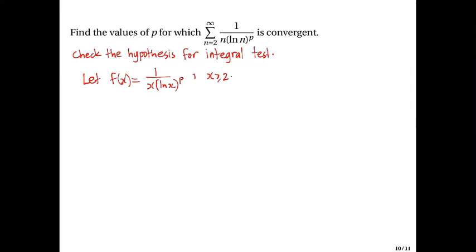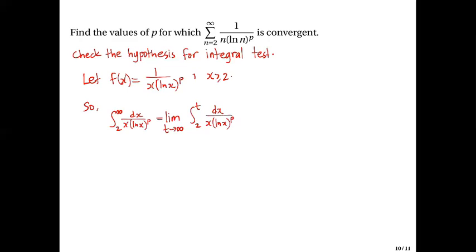So let's look at the improper integral from 2 to plus infinity of 1 over x ln x to the p dx. By definition, it is the limit as t approaches plus infinity of the integral from 2 to t of dx over x ln x to the p.